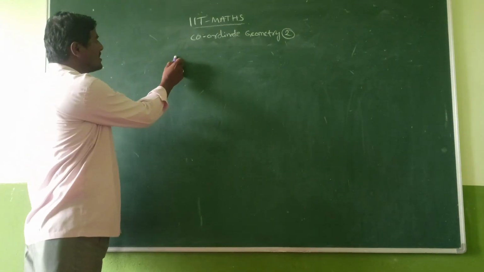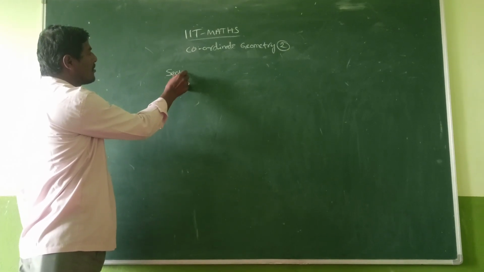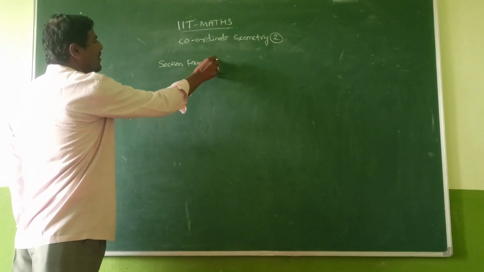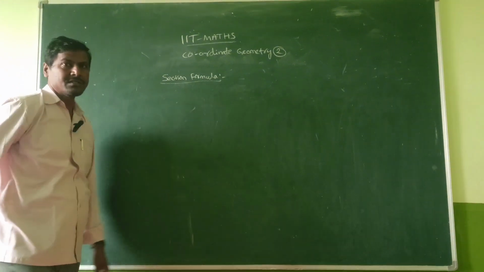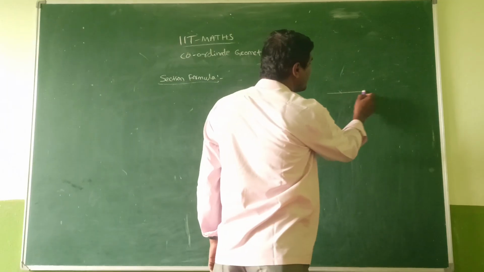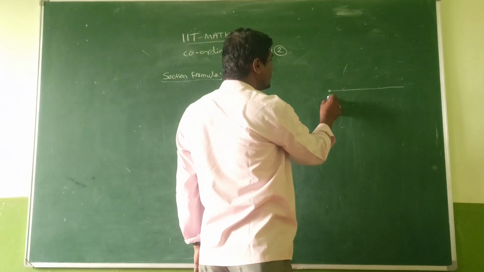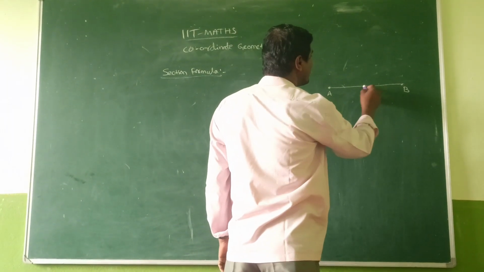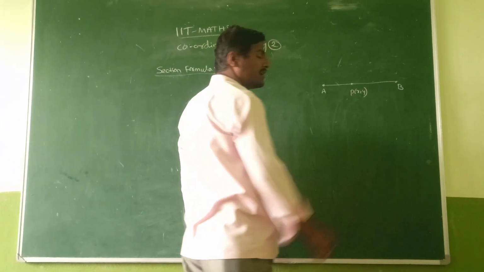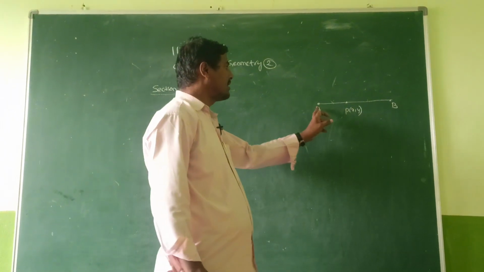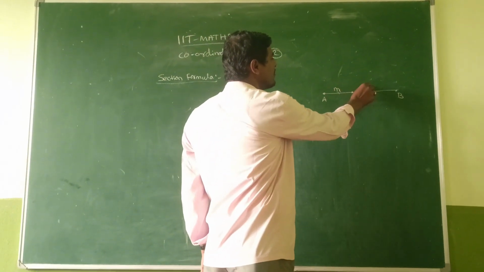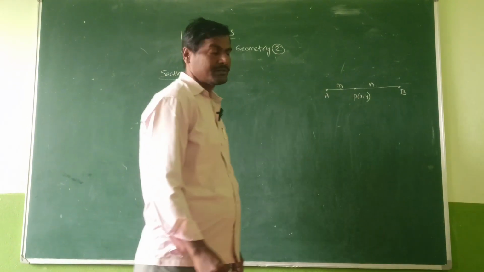Next, section formula. Section formula means division. So this is the line segment AB. This is the point P(x, y) that divides the line segment AB in the ratio m is to n, internal division.